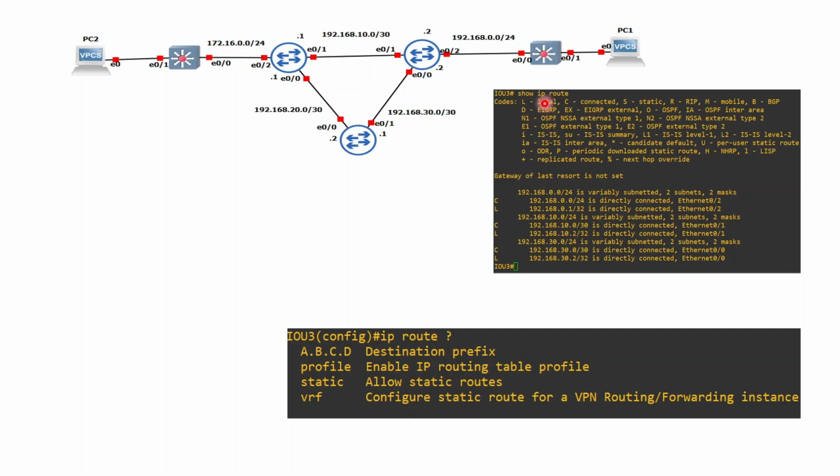Now once I enter this command, as you can see, this is the output of this command. But here at the top, there are different flags represented by this command. These flags are going to help you learn your routing table. But don't worry about these flags, because we are going to see some of them.